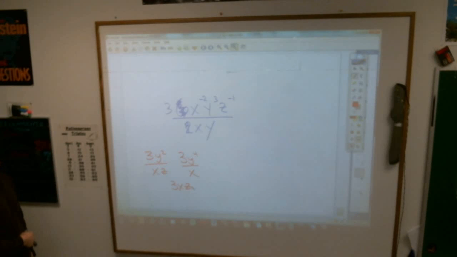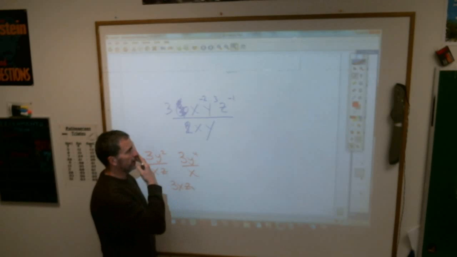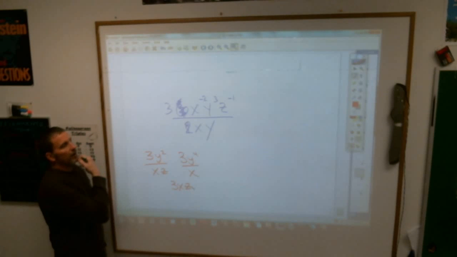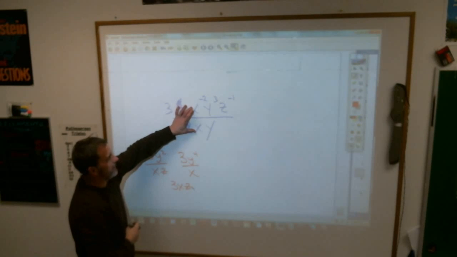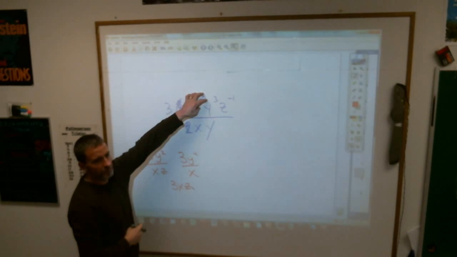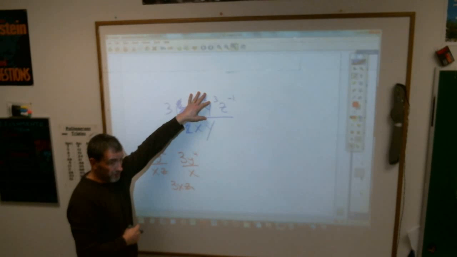Okay. I'm going to walk you through this slowly and carefully. You've got to kind of put your x's and y's together. This is what I would do if I saw this problem. Having x's on top and on bottom with different exponents and some being positive, some being negative is kind of confusing.